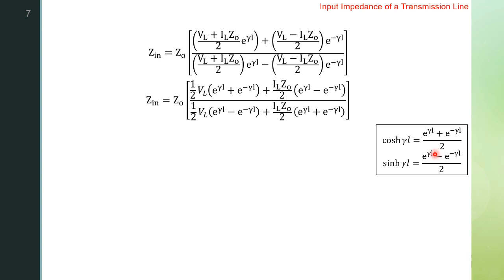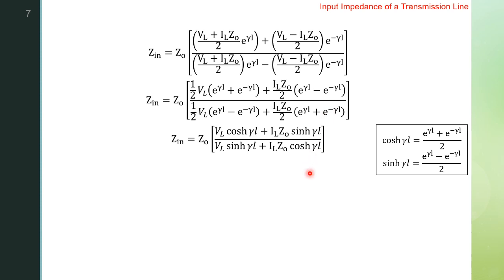On incorporating this relation into this equation, we will get Zn equal to Z0 into (VL cosh γL + IL Z0 sinh γL), divided by the corresponding sinh and cosh terms in the denominator. So we'll get this expression.